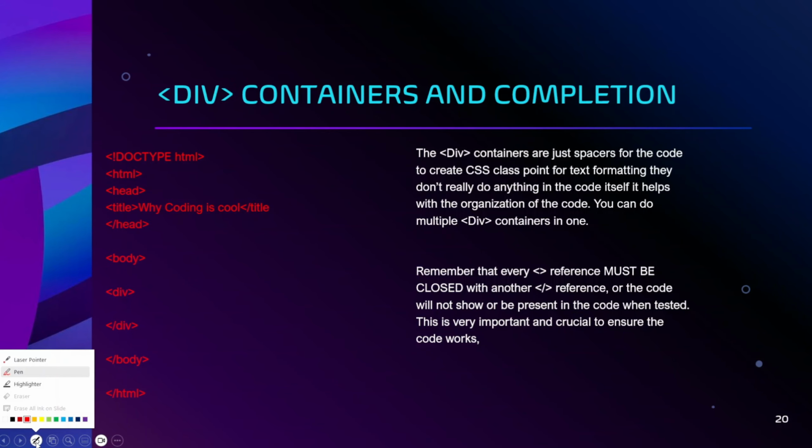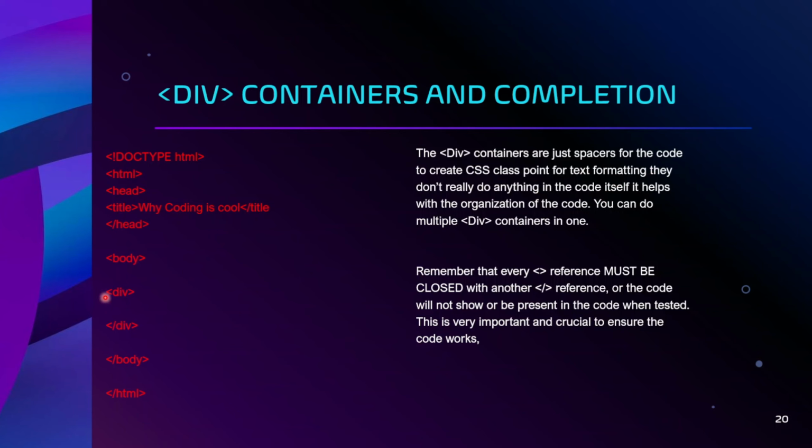So, div containers and completion. Now that we practiced those and you learned the formation of an HTML text document, you must learn about div containers. Div containers are just spaces for your code to create CSS class points for text formation. They don't really do anything in the code itself. It helps with the organization of your code.